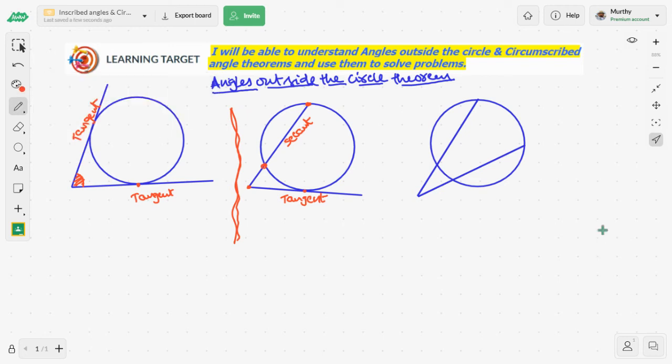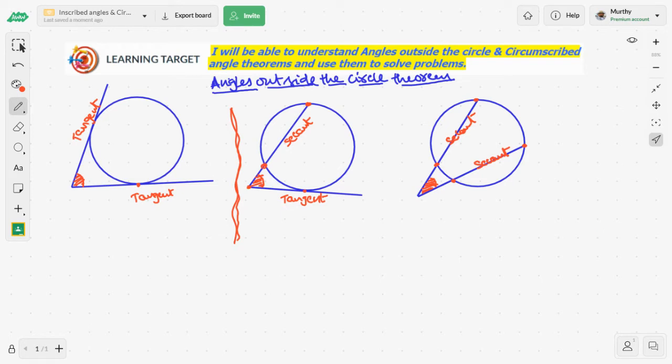So already I explained what a secant is. Secant means a line segment that intersects the circle at 2 points. Therefore this is a secant, and this one is also a secant. Again, these two secants are making an angle outside the circle.